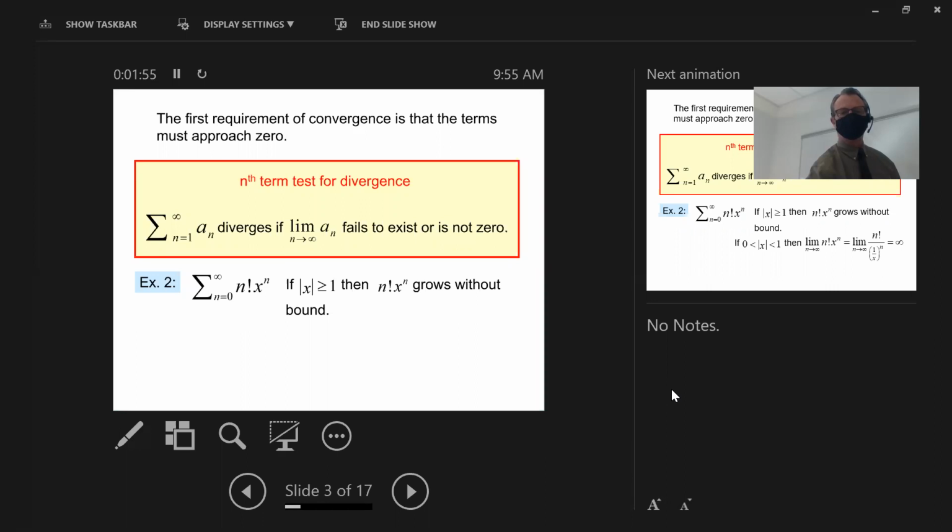So what's happening here? If you have n factorial times x to the n, we start at the 0 term. I put 0 in here. 0 factorial is 1, x to the 0 is 1, so the sum is 1. Yes? And I put 1 in here.